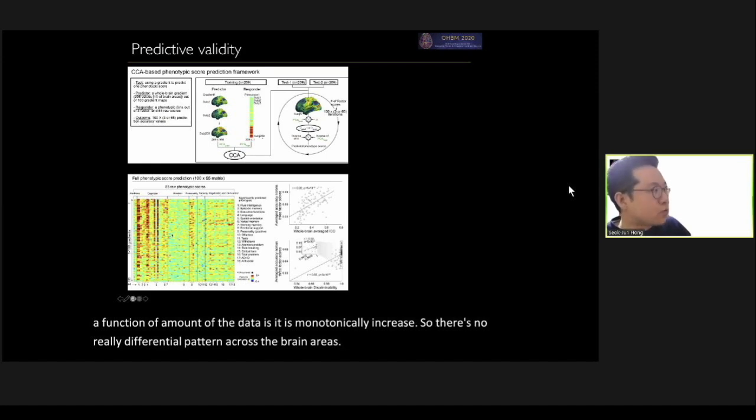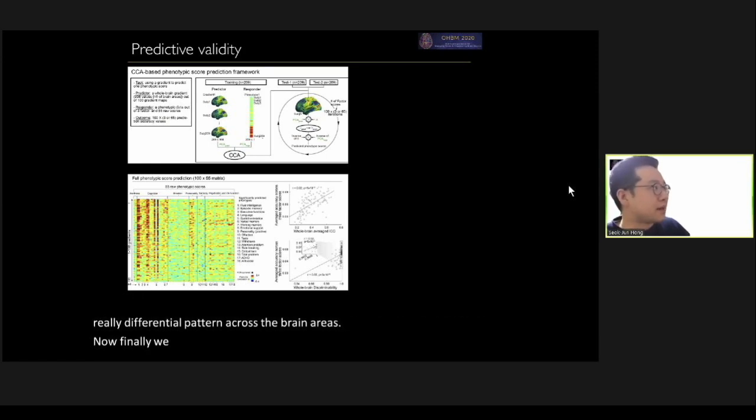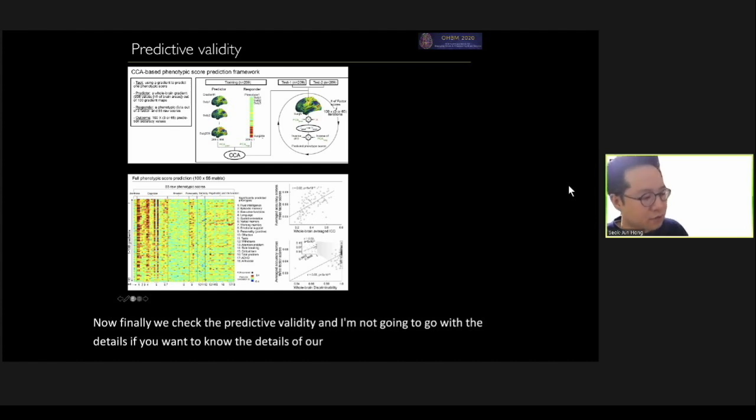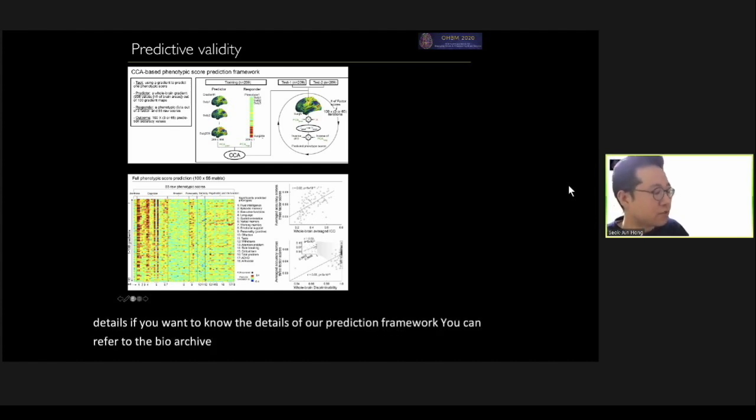Now, finally, we check the predictive validity. I'm not going to go into the details. If you want to know the details of our prediction framework, you can refer to the bioRxiv paper, which I showed you in the first slides.